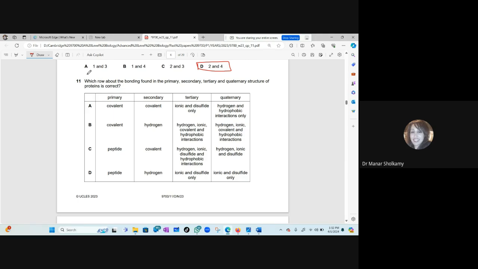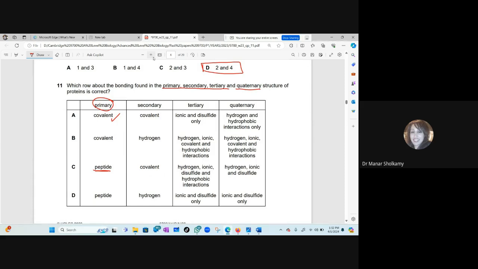Okay. 11. Which row about the bonding found in the primary, secondary, tertiary, and the quaternary structure of the protein is correct? So, the primary, actually, covalent is right or wrong? And peptide, I have two options, either covalent or peptide. They're both right or they're both wrong, or what? What would you do? Wake up with me. I'm not going to give you all the answers.